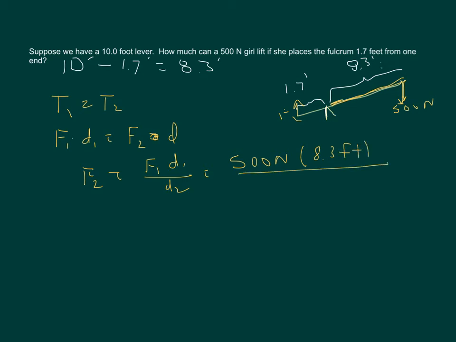D2 is 1.7 feet. And you say, well, don't I have to get that in meters? Well, no, because the feet cancel out, and I'm left with an answer of F2 just being in newtons. And I get 2,440 newtons.